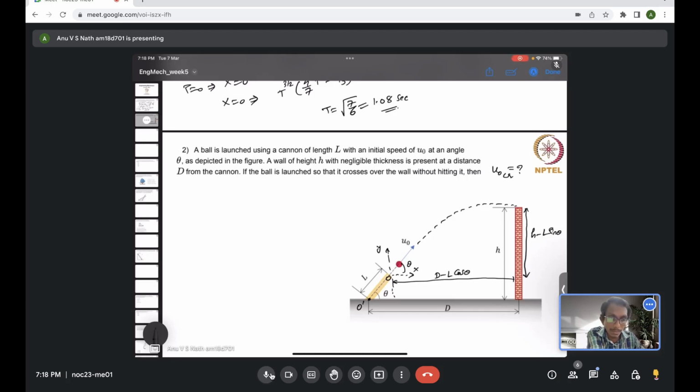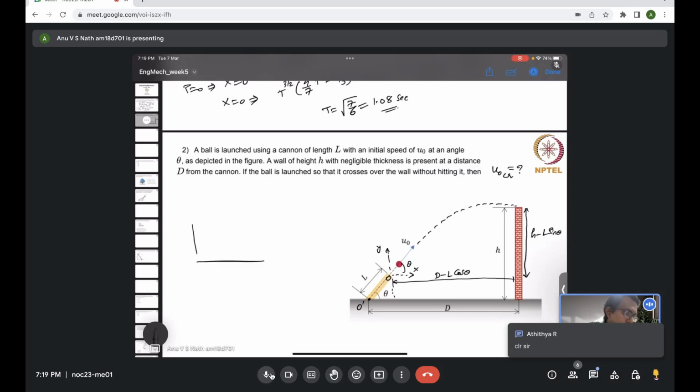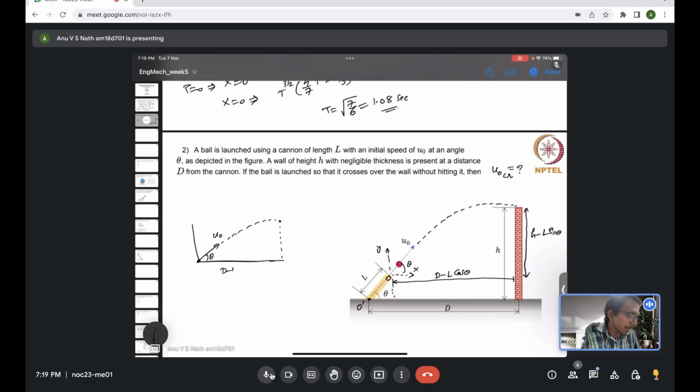If that is clear, then everything is easy. So now we have a projectile starting with velocity u0 at an angle theta. When it reaches the wall, it has traveled a horizontal distance of d minus L cos theta, and the corresponding vertical distance is h minus L sin theta.